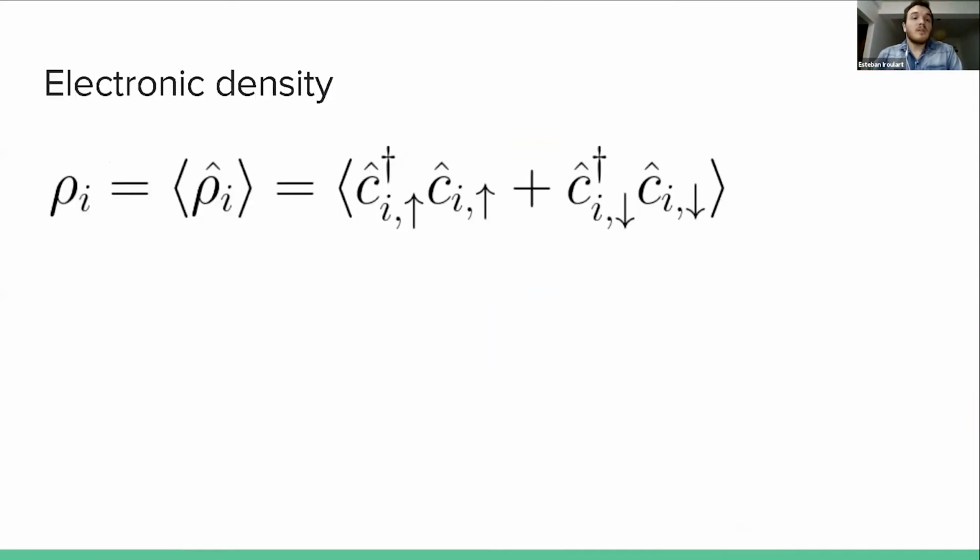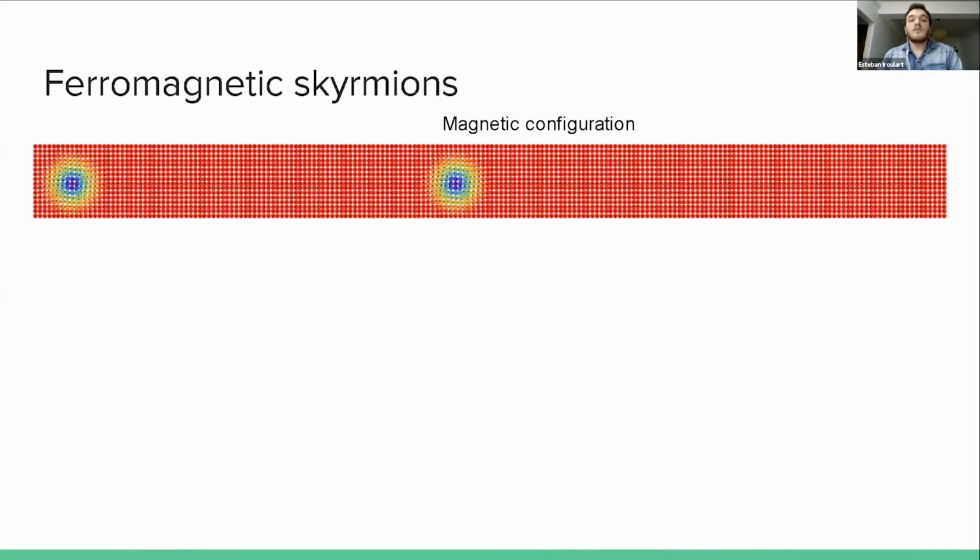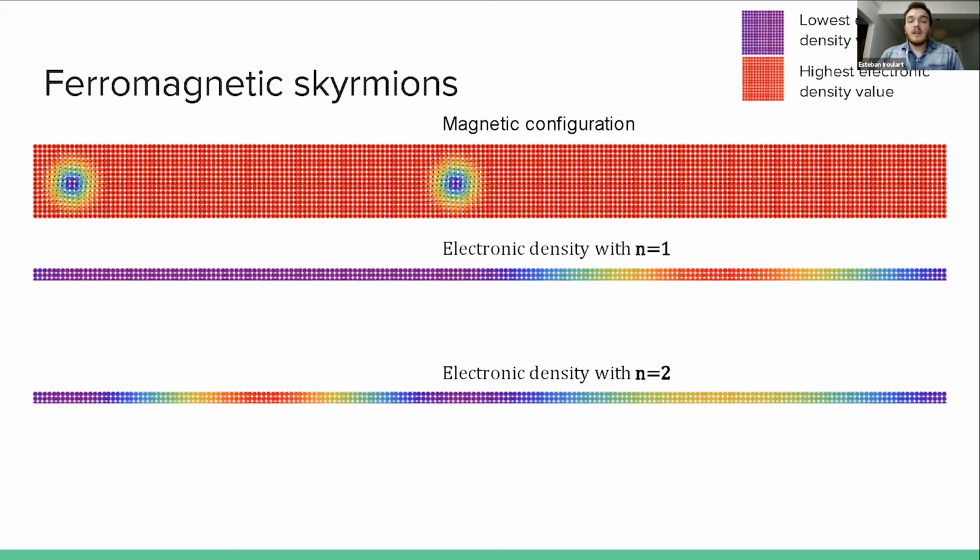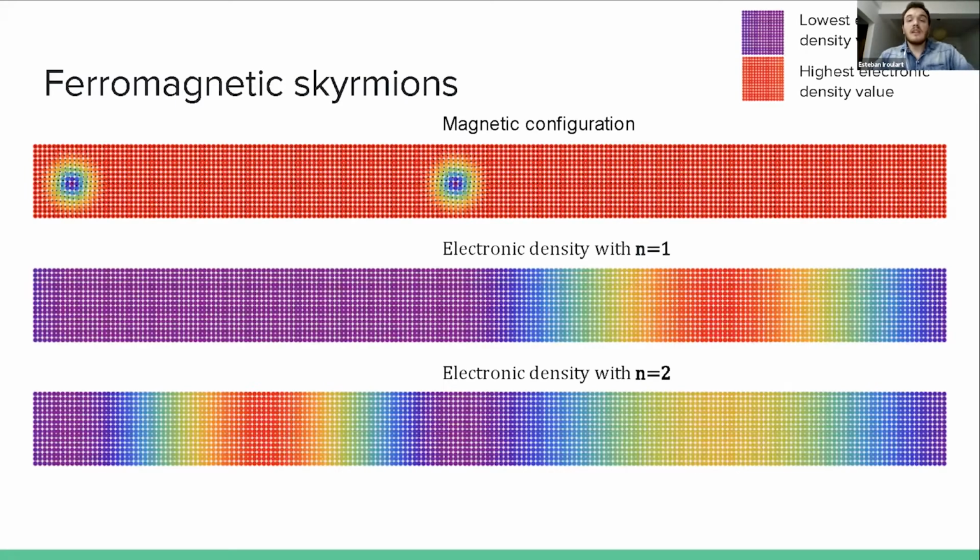Lastly, we calculated the electronic density by taking this expectation value in each site and using a method similar to the one we used in the calculation of the electronic ground state energy, and we plot the results. Here I show a magnetic configuration of two ferromagnetic skyrmions at a fixed distance delta, and below we show the plot of the electronic density in the lattice.